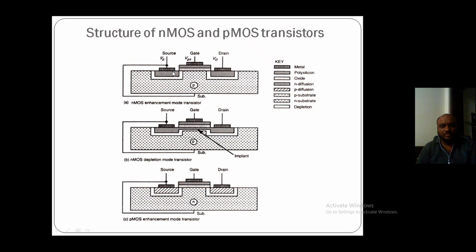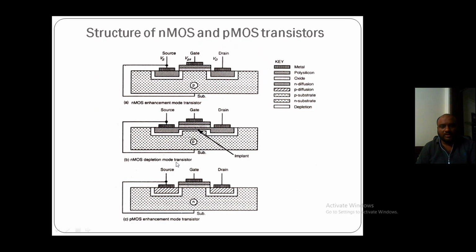On either side of the substrate is diffused with N-type impurities, forming the source and the drain. And in between, there is a polysilicon gate formed here. This is the basic structure of an NMOS transistor.